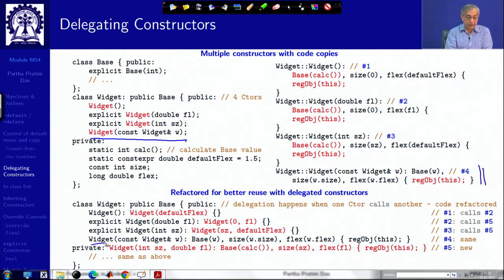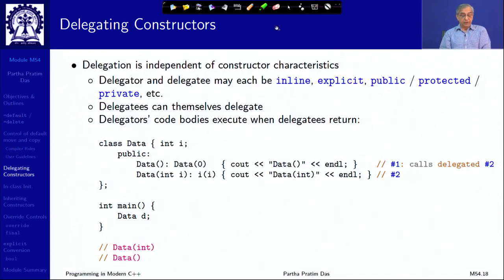So, we do not touch it, we are not doing any delegation in that at all. Right. So, this is the notion of delegating constructors, and delegator and delegatee may each be inline, explicit, public, protected, private, all of those. And if you delegate, naturally the delegated construction is done first and then the delegator will be done.